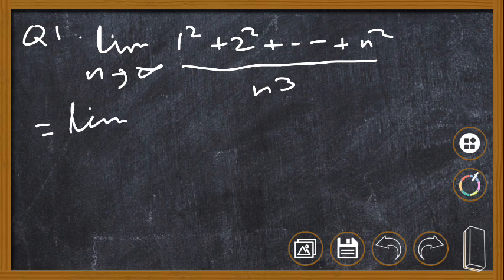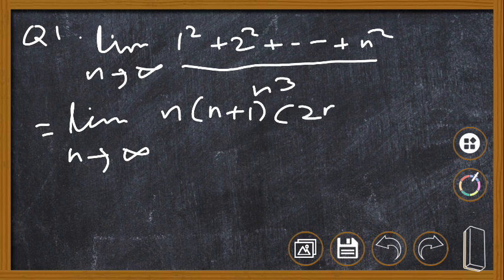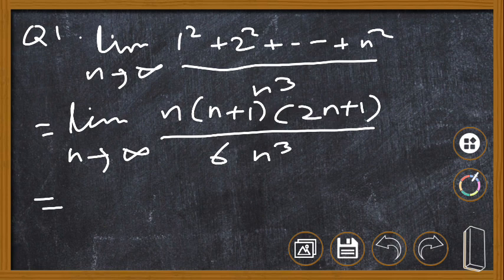The formula for 1 square plus 2 square plus 3 square up to n square is n into (n plus 1) into (2n plus 1) divided by 6, and already there was n cube. Now if I cancel, n and n cube, only n square will be left.